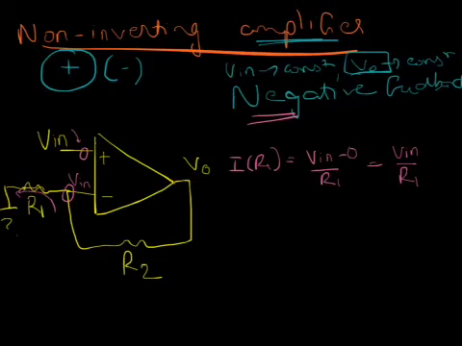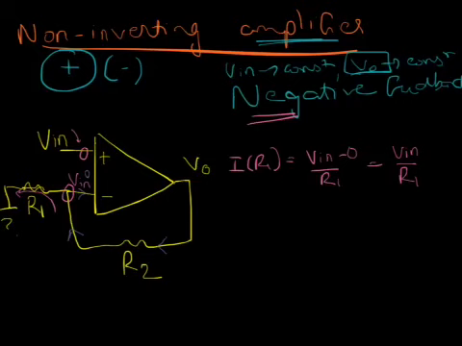And we know that since the current here is 0, this current has to come from here. The same current is flowing through R2 and bringing it here.